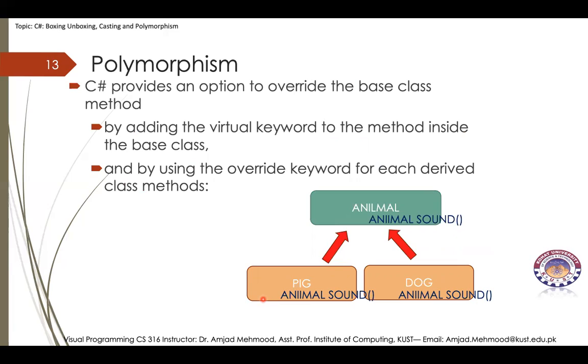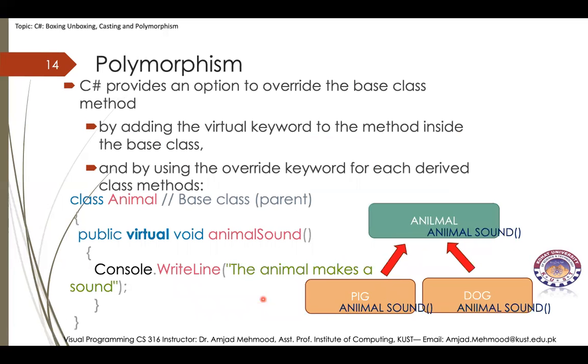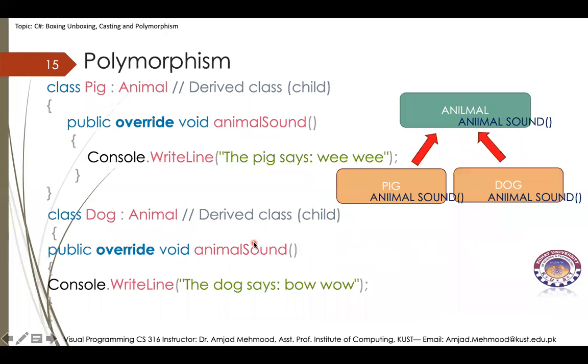This is the key thing you must know if you want to differentiate C# overriding from other object-oriented languages. Here you can see that C# provides an option to override the base class method by adding the virtual keyword. We have mentioned a virtual method, and in the child class we have mentioned override.